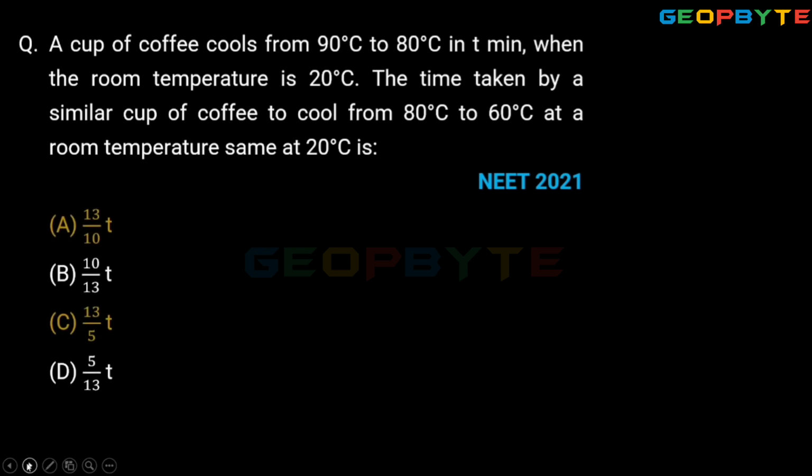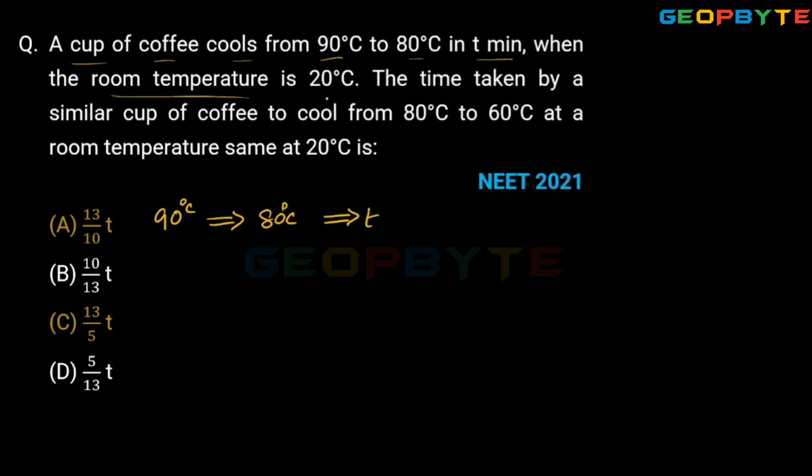Look at this problem. It asks: a cup of coffee cools from 90 degrees centigrade to 80 degrees centigrade in T minutes. So the time required for dropping the temperature of the coffee cup from 90 degrees centigrade to 80 degrees centigrade is T. Okay.